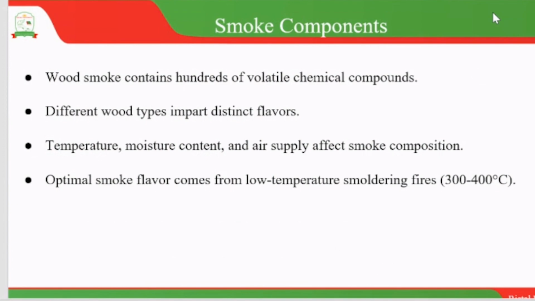Different wood types impart distinct flavors, and we are also looking at temperature and moisture content. You well know that some wood trees have different oils within them. Some of them are even susceptible to combustion and all those other things. Those are things we need to take into consideration when choosing the type of wood for smoking. Optimal smoke flavor comes from low temperature, smoldering fires of 300 to 400 degrees centigrade.